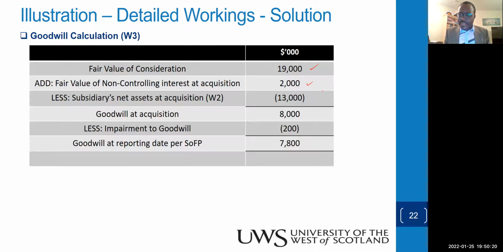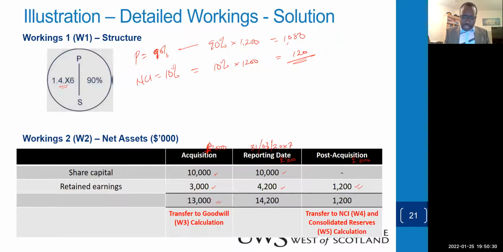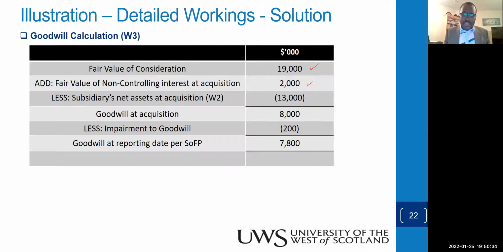Then we subtract the fair value of the subsidiary's identifiable net assets, which we just worked out, 13,000, from the previous slide. We take it out of the sum and get 8 million as goodwill at acquisition.